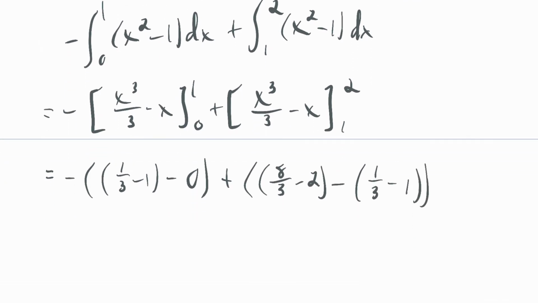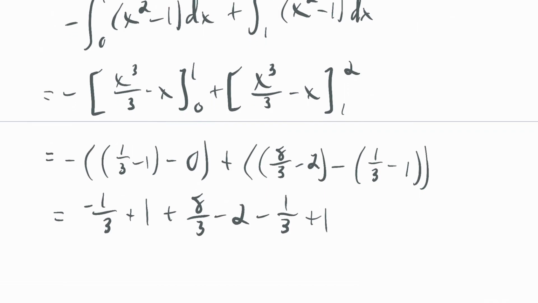Okay, so I guess I'll just resolve all the parentheses first. So this is negative 1/3 plus 1. I don't need to bother with the 0. Plus 8/3 minus 2 minus 1/3 plus 1. Okay, so I notice that the 1s and the 2 can all cancel.